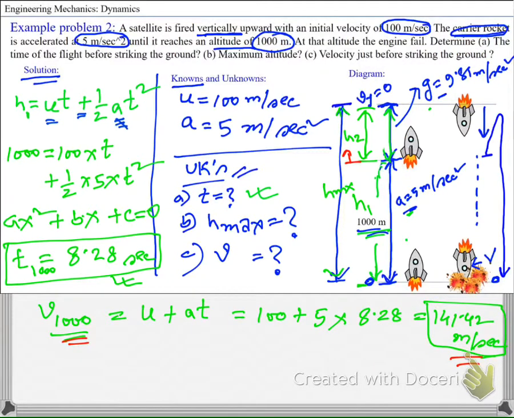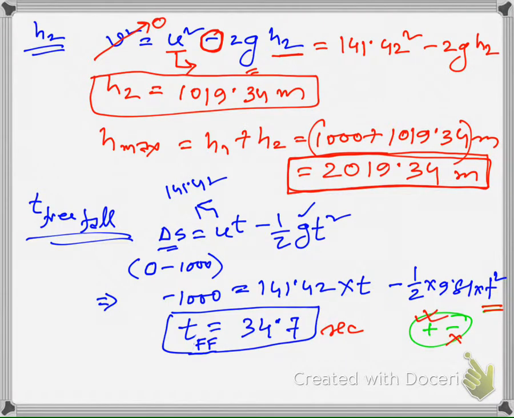So we had calculated the time to reach up to 1,000 feet, from ground to 1,000 feet, that is 8.28 seconds. And now we just solved from 1,000 feet to the ground, which is 34.7 seconds.